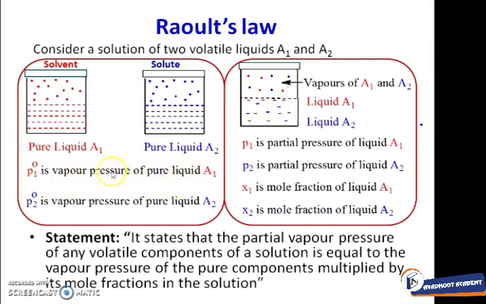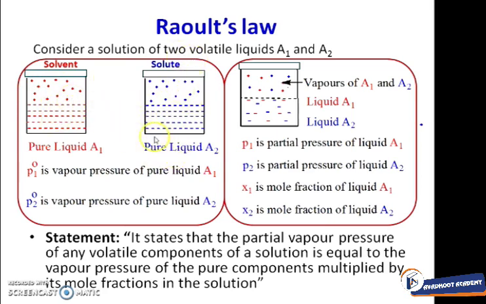Now, what does it mean? When this liquid is kept in this container, after some time there will be dynamic equilibrium, the number of vapor molecules will remain constant, and the pressure exerted by these vapor molecules on the surface of the liquid is the pure vapor pressure at a given temperature.